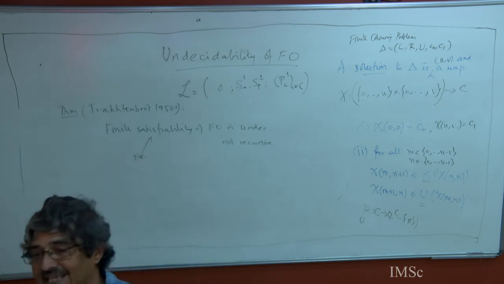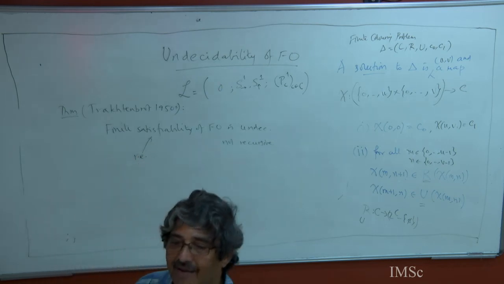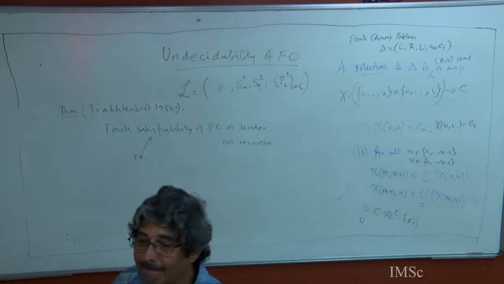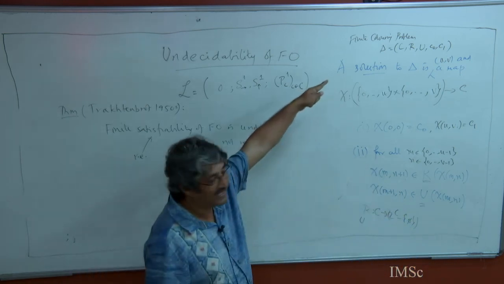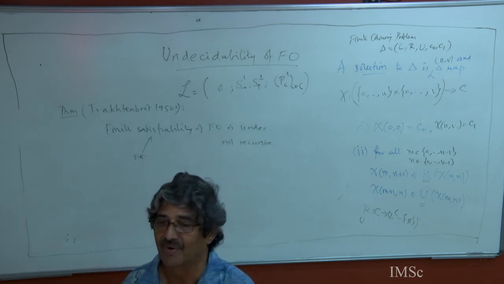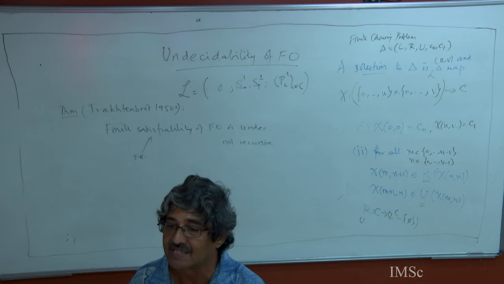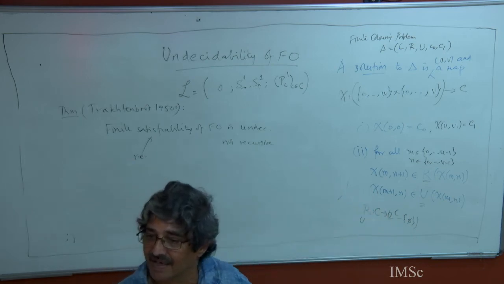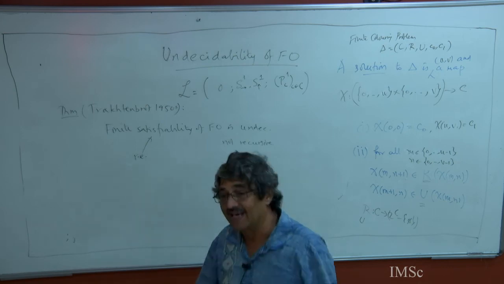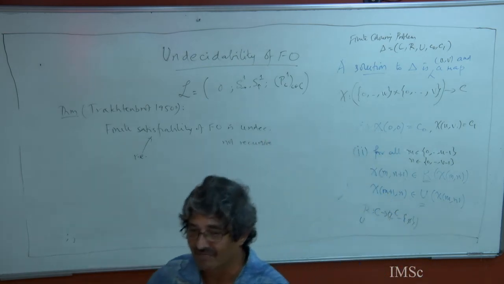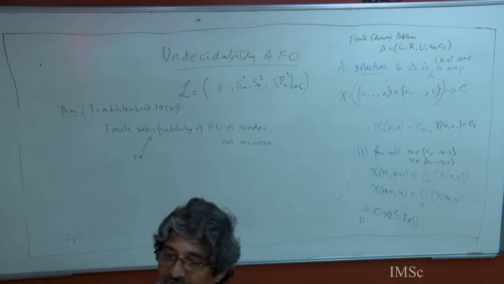So that is the next exercise: to show that given any Turing machine M, I can construct an instance delta M of the finite coloring problem such that M halts if and only if delta M has a solution. Earlier we said M does not halt if and only if delta has a solution, where we had a coloring of the entire positive quadrant.